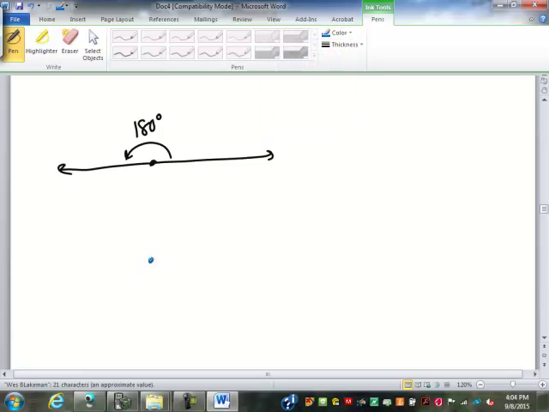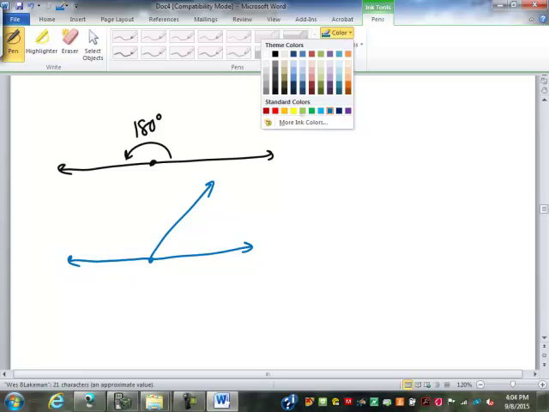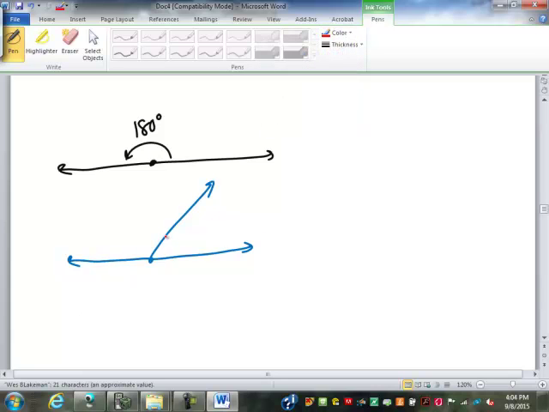What if we have 2 angles that when we combine them create that straight line, or create an exact opposite pointing direction? Well, these 2 angles here are what we refer to as supplementary. They're supplementary because they add up to 180 degrees.